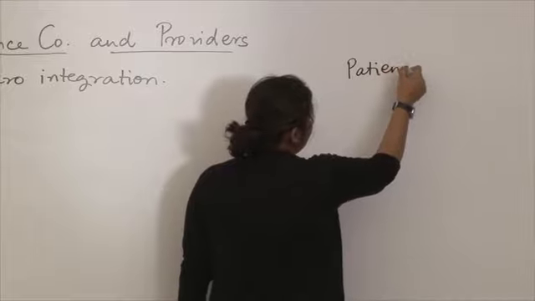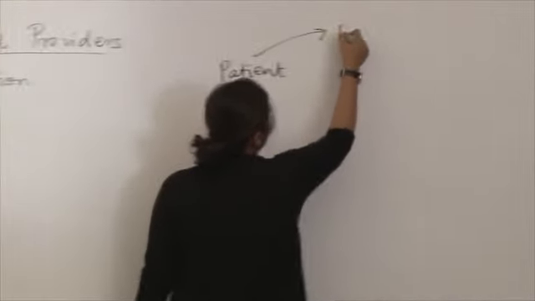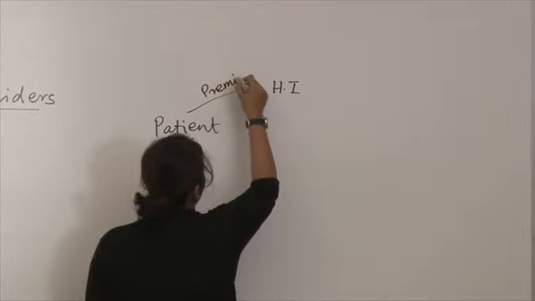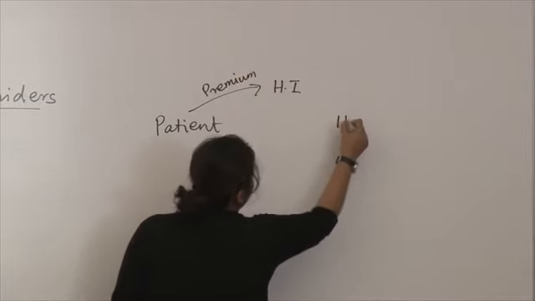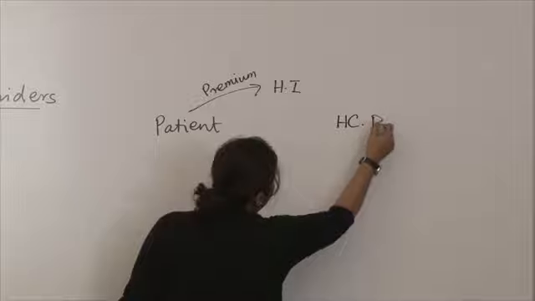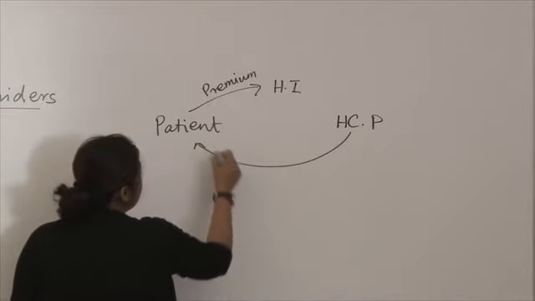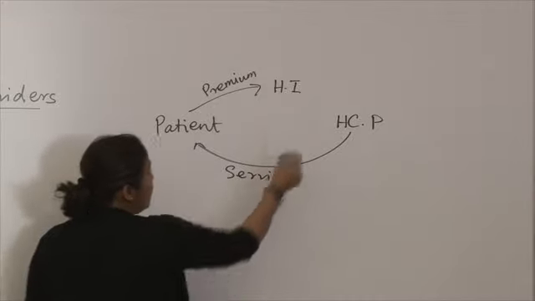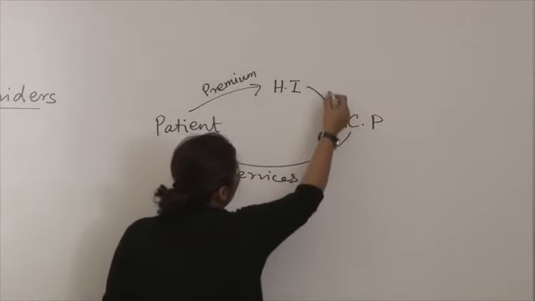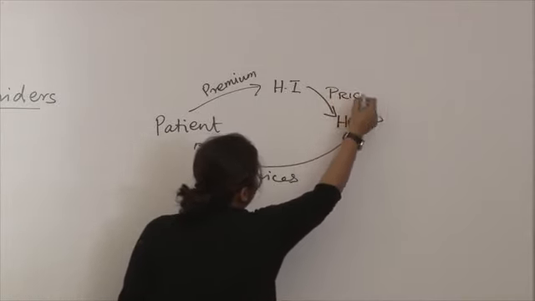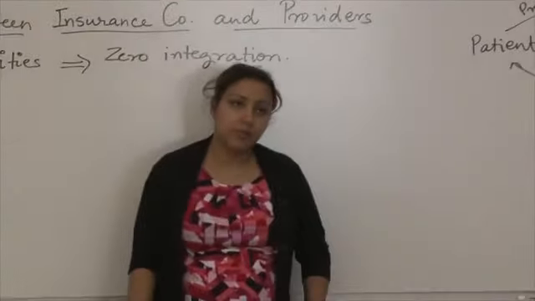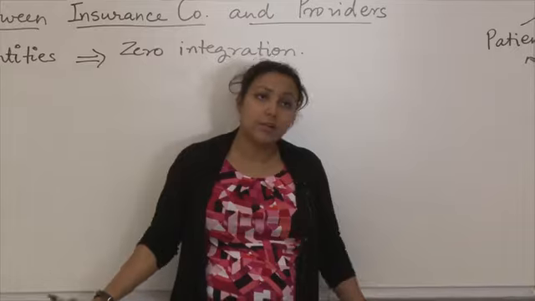The patient pays the premium to the health insurance company. The healthcare provider provides the services to the patients, and in return for these services, they receive a certain negotiated price from the health insurance company. That's the only thing that is happening.